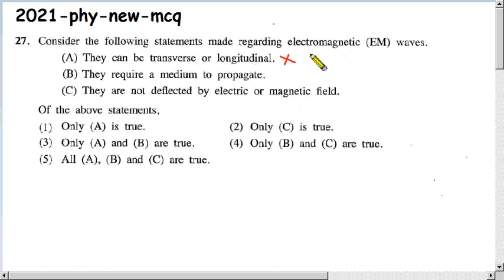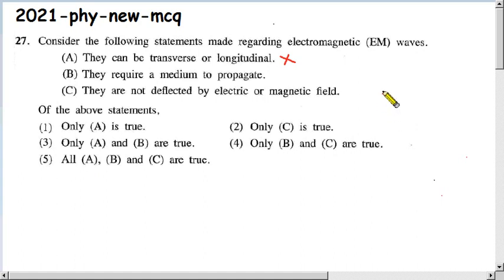You should remember the lesson, where electromagnetic waves are classified into the transverse waves section. You can't derive it. If the motion is up and down, perpendicular to the direction of the velocity, that type of wave is called a transverse wave. That is what happens in electromagnetic waves.